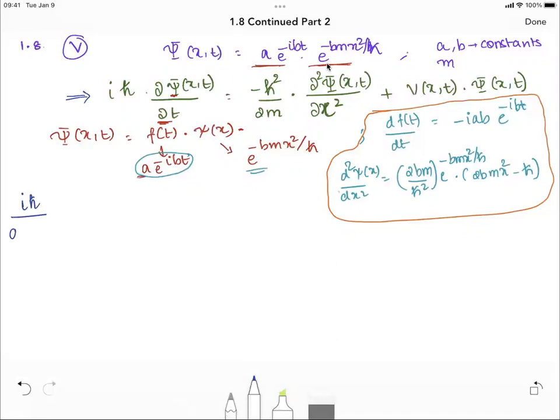The i h bar divided by a, the negative t, that's f of t, times the derivative of f of t is here, which is this. Now this will be equal to negative h bar squared over 2m times 1 over e to the negative bn x squared by h bar times the second derivative of x squared, which is right here.